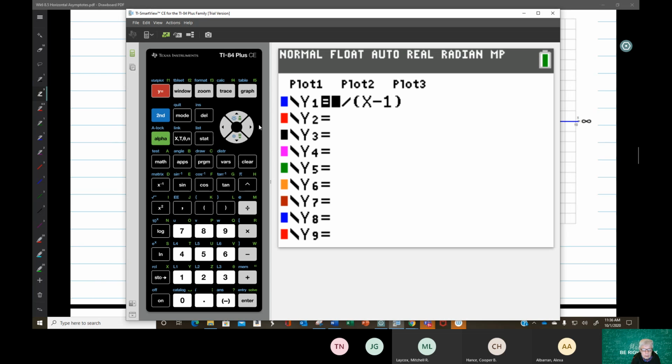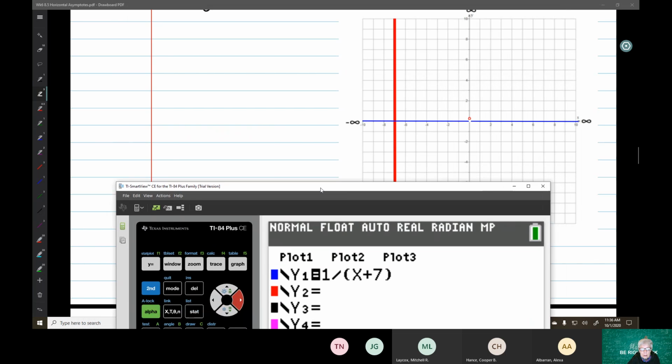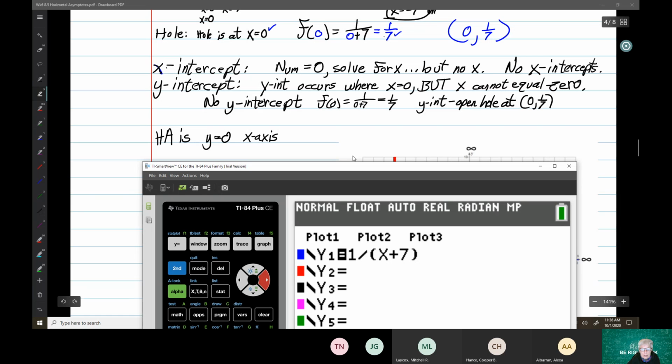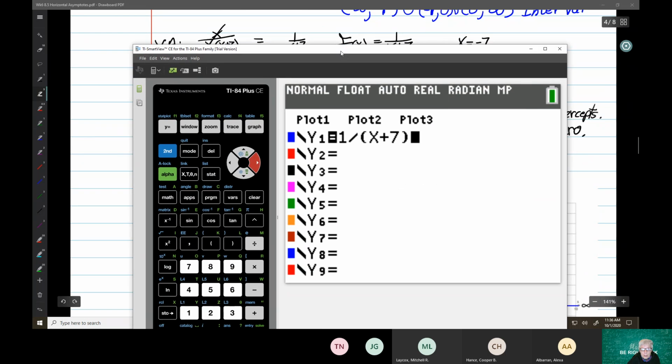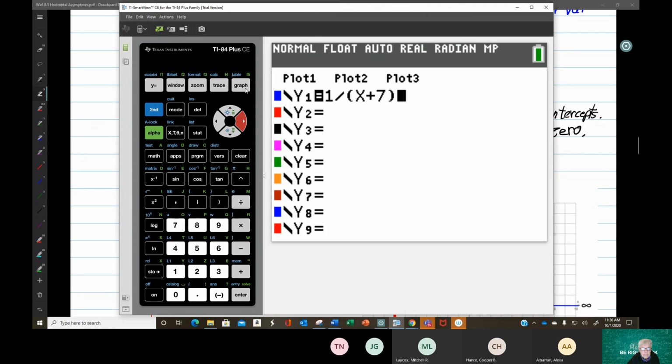Oh, check this out. Okay, 1 over x plus 7 graph.